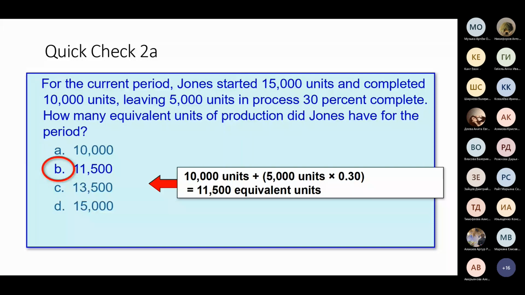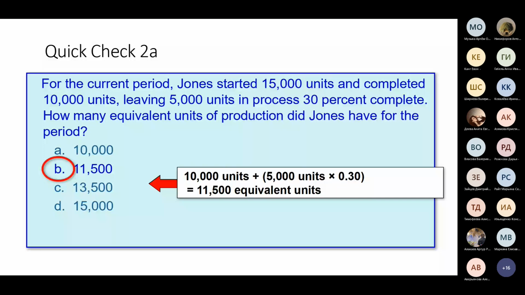Because for the firm and for the client, there is no difference which unit we produce during the period. We just want to know how many units are ready and how many units we have produced.